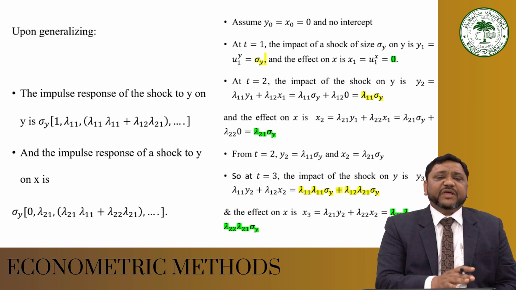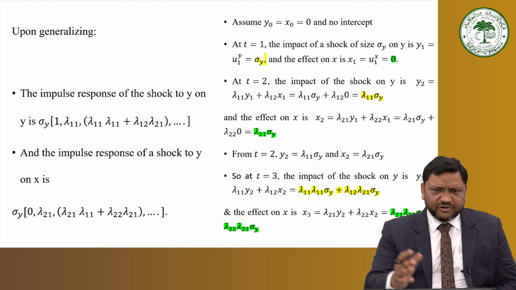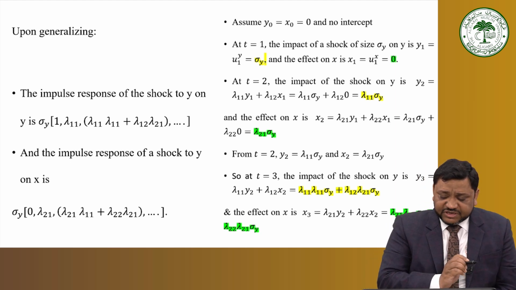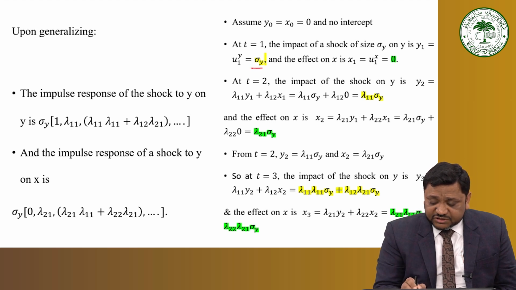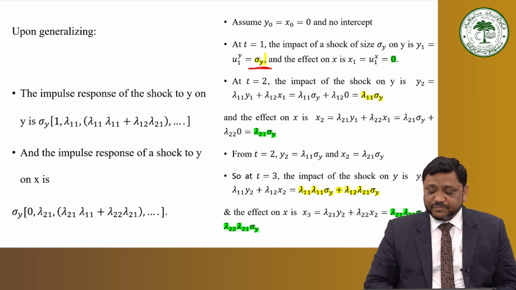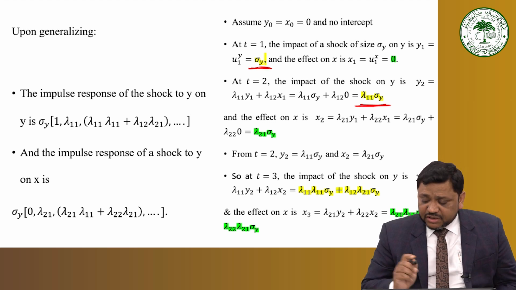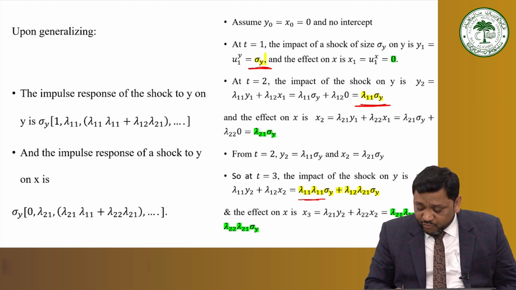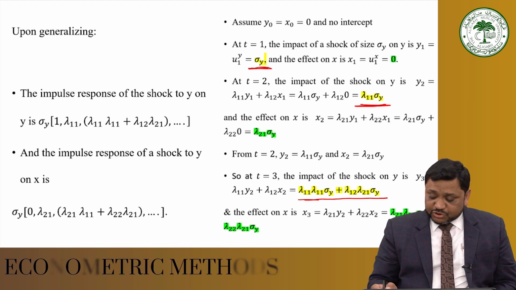Now we will generalize it. We can extend it for period 4, period 5, period 6, but we are just generalizing it. So what we have seen, in the case of y, it was sigma y, then it became lambda 11 sigma y, then it became lambda 11 sigma y plus lambda 12 lambda 21 sigma y.